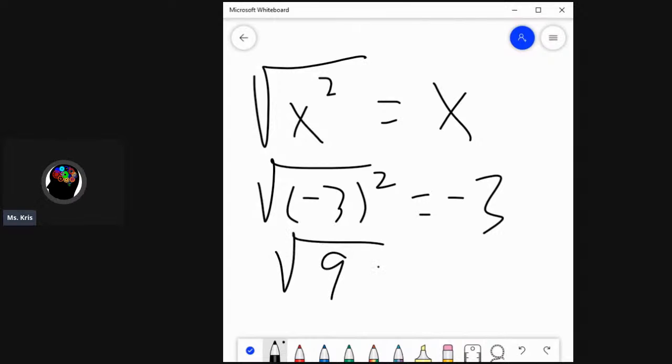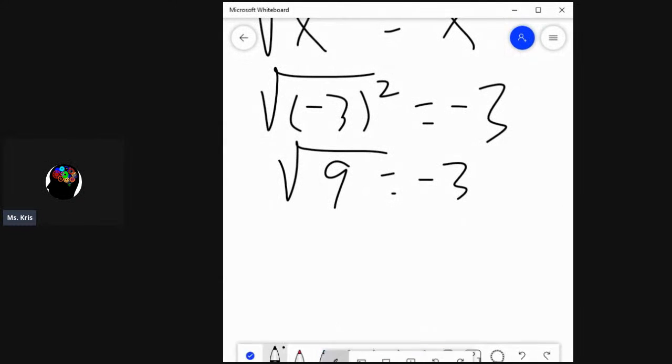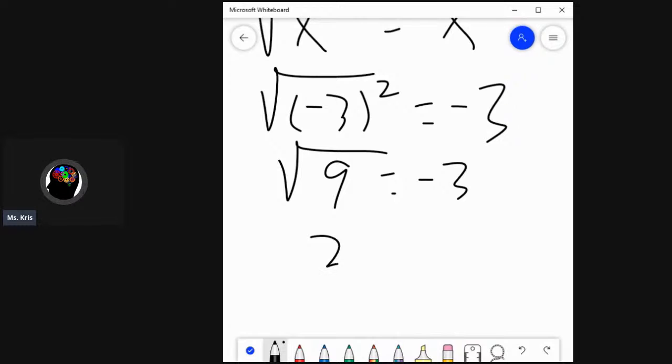So (-3) squared is 9, the square root of 9 equals -3. But the square root of 9 equals 3, not -3. Based on the original statement, the counterexample has proved this is false, because the square root of any number will not be negative, unless you want an imaginary number.